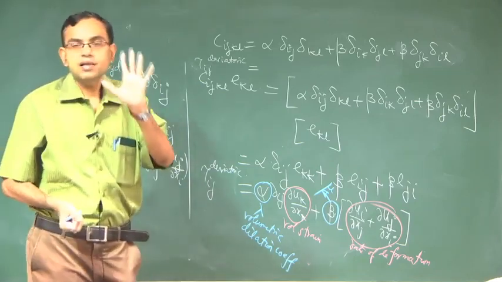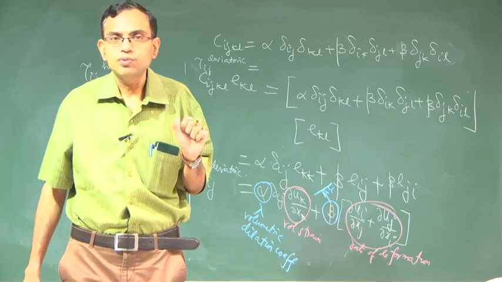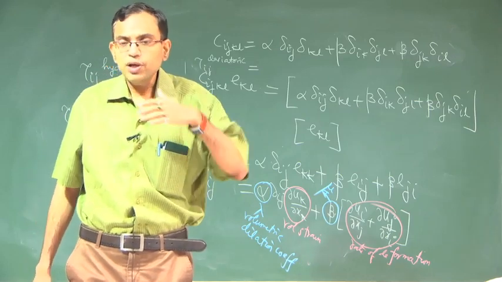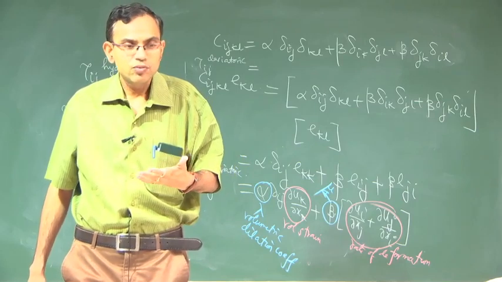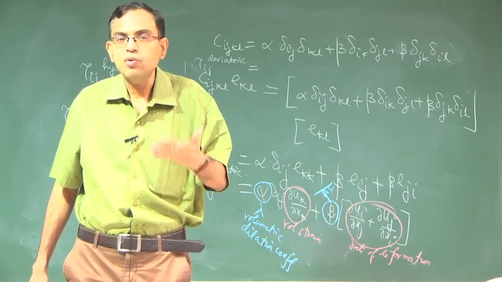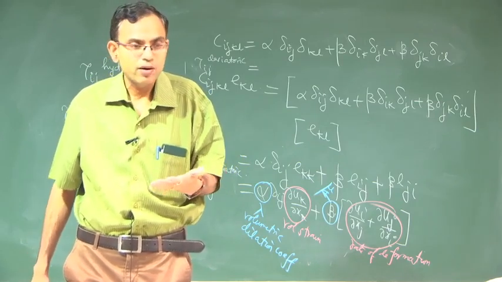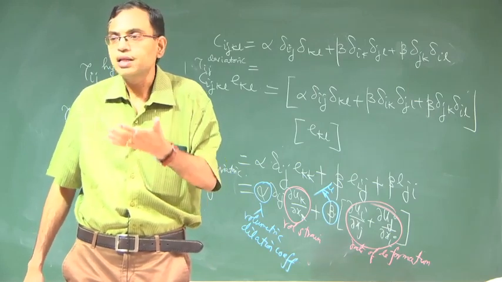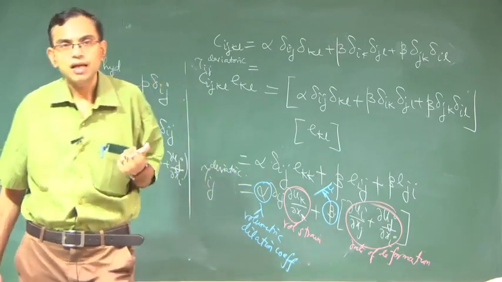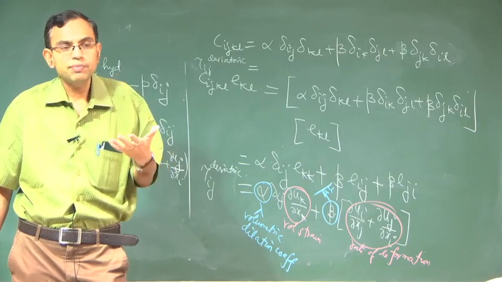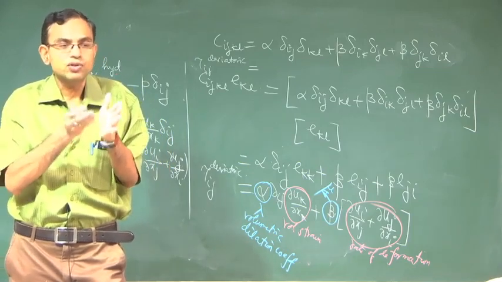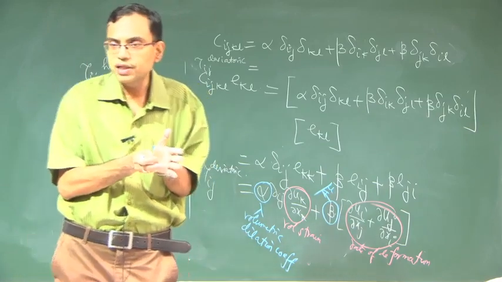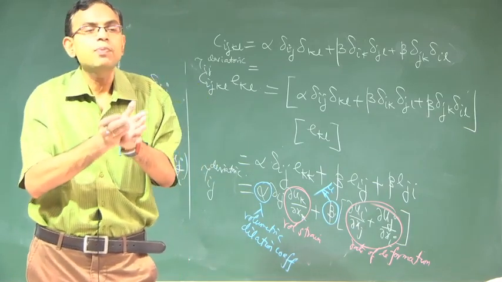As a teacher, this is a very important remark that I give to all of you. When we introduce Newton's law of viscosity in junior classes, we introduce it as tau equal to mu du dy, or tau is equal to mu into the rate of deformation. There is nothing wrong with it, because it represents the correct form of Newton's law of viscosity for a restricted type of physical problem.